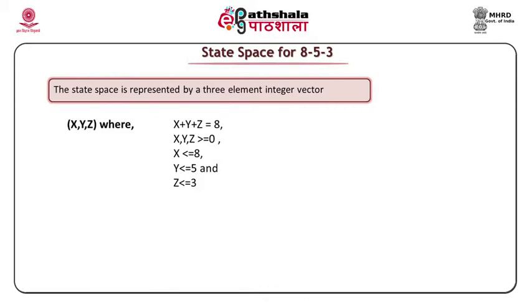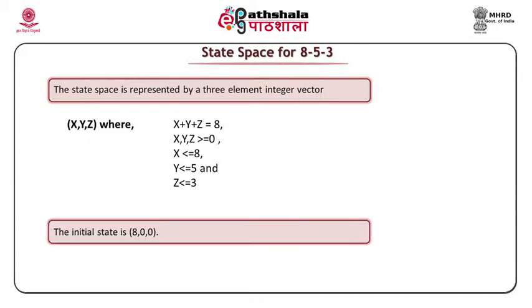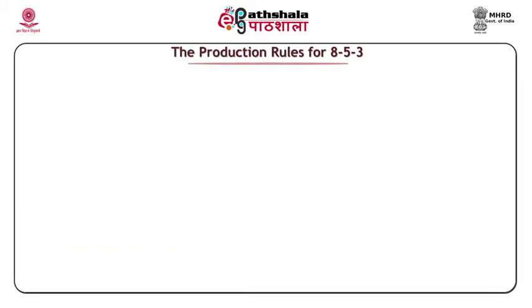That means the total amount of milk that we can have is 8. x, y, z are greater than or equal to 0, so we do not have negative values. x is less than or equal to 8, the capacity of x is 8, so you can have 8 or less. y is less than or equal to 5, so the capacity of y is 5, so you can have 5 or less, and z is less than or equal to 3, that means the z value can be maximum 3. The initial state is 8 0 0. Okay. So this is how you represent the state space.